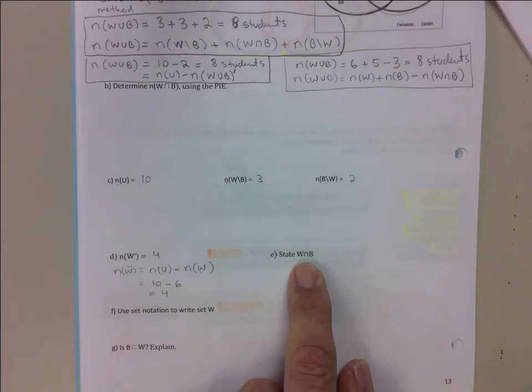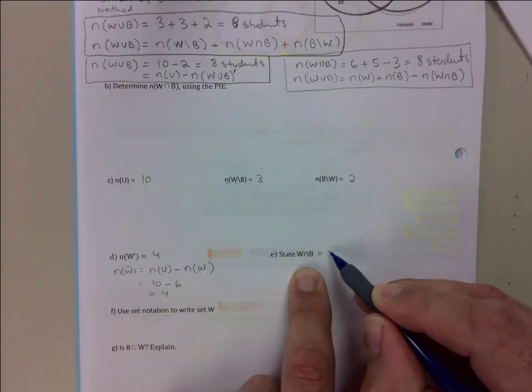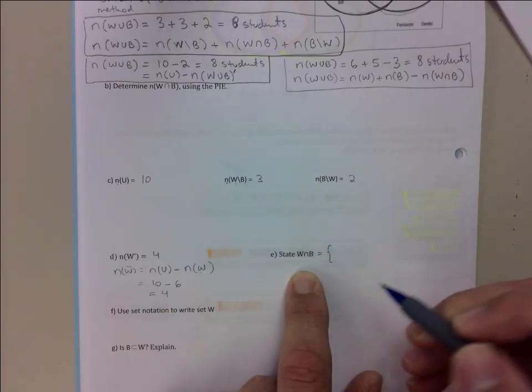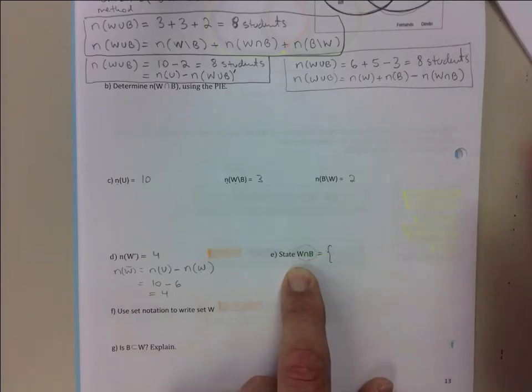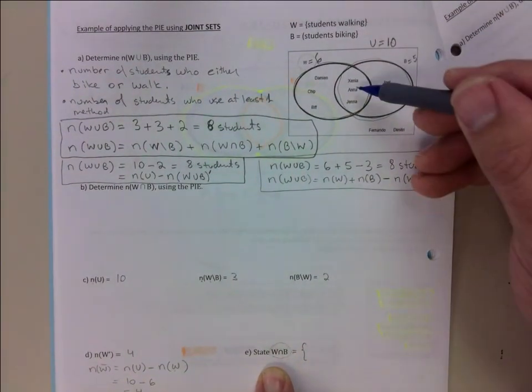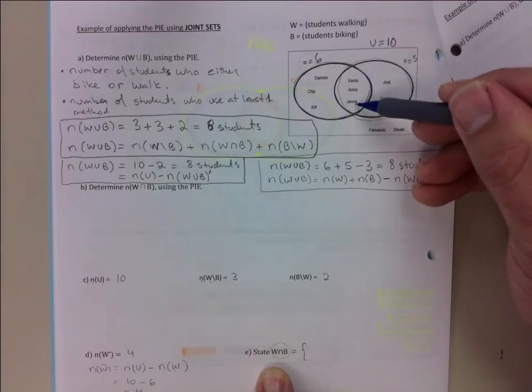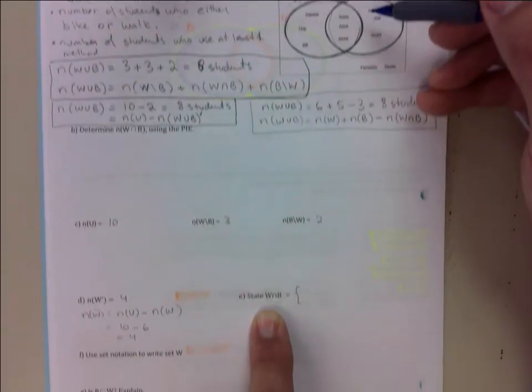What about this one? What I'm asking for is actually, there's no N in front of it, so you actually want to state the elements that are found in this region. Which, if you look up, it's these 3 students. They do both. They walk and they bike. So ideally, you want them arranged.